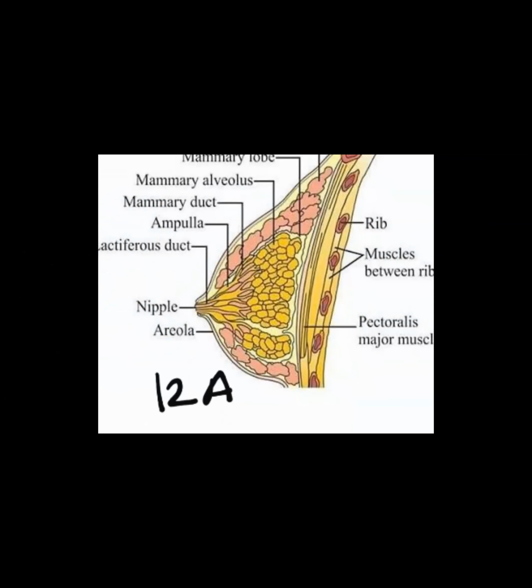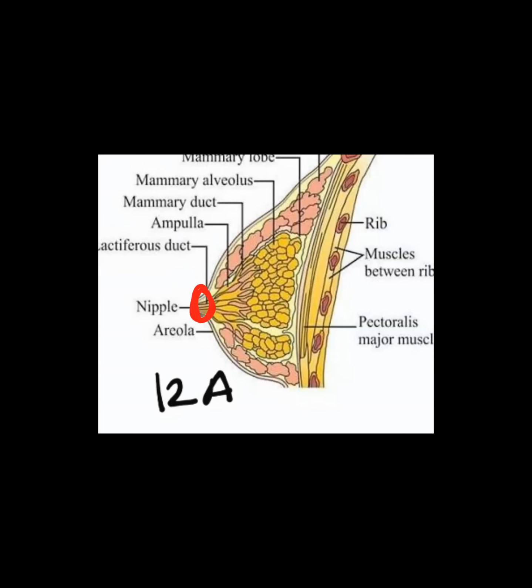And these several mammary ampullae join with each other and make a common duct, which is called the lactiferous duct. That is termed as lactiferous duct. And this lactiferous duct will open at the tip of the breast, which is called the nipple.